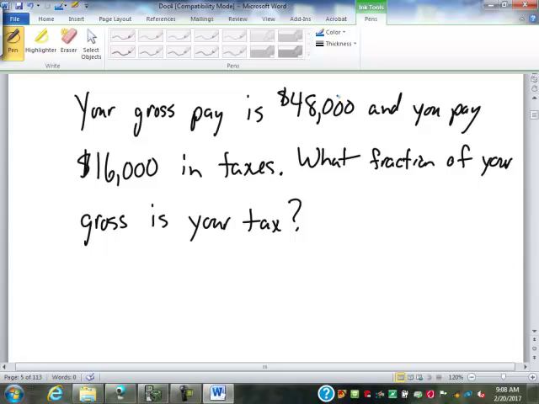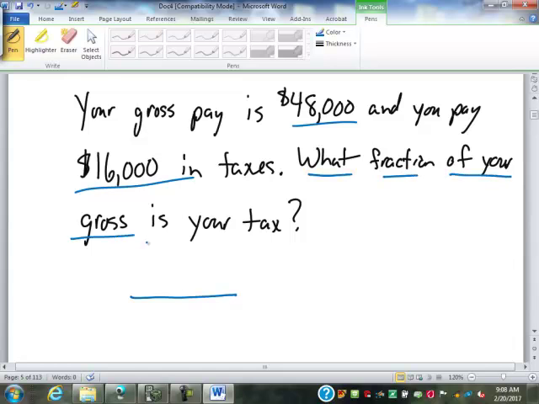So we're looking at this. We have two numbers, 48,000 and 16,000. We're saying what fraction. So obviously we're going to be putting them in a fraction. To figure out which one goes in the numerator, which one goes in the denominator, we have to look at the wording. It says, what fraction of your gross pay?